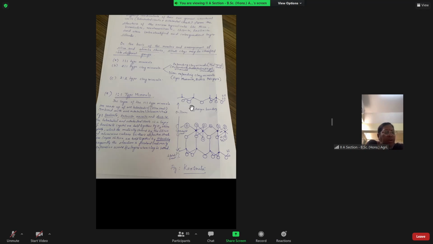Kaolinite exhibits very little plasticity, which means that kaolinite minerals cannot be molded into any shape easily, because it has less plasticity, less cohesion, and less shrinkage and swelling property. So these are 1:1 type of clay minerals.